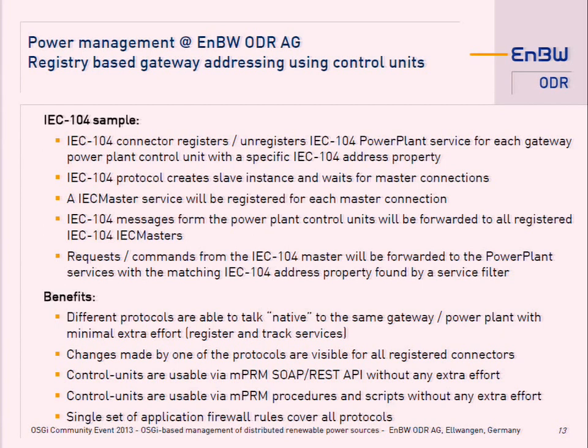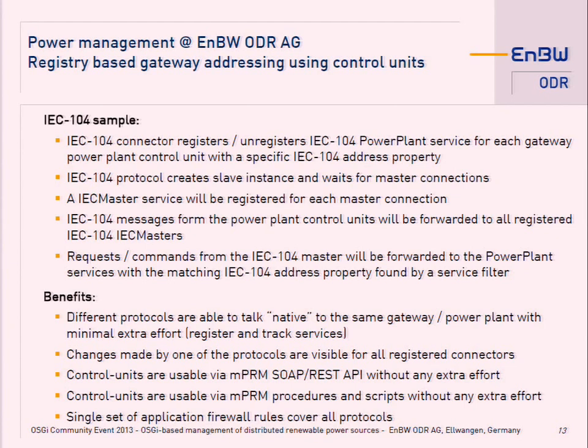For example, if an EAC connector registers an IEC 104 power plant service for each gateway or control unit, it uses the IEC 104 address property to register the service. The IEC 104 protocol package creates a slave instance and waits for master connections. As soon as the master connects to the service, it also registers a 104 master service. And then we're ready to go.